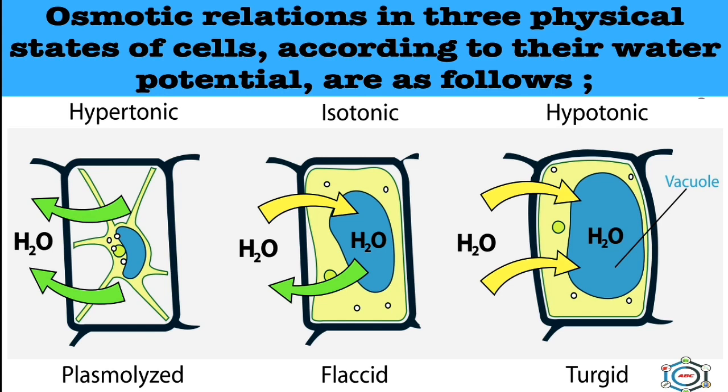A cell at zero turgor has an osmotic potential equal to its water potential. So this is all about the flaccid cell, which is in the isotonic solution, turgidity in case of hypotonic solution, and the last one, that is plasmolyzed, which is in hypertonic solution.